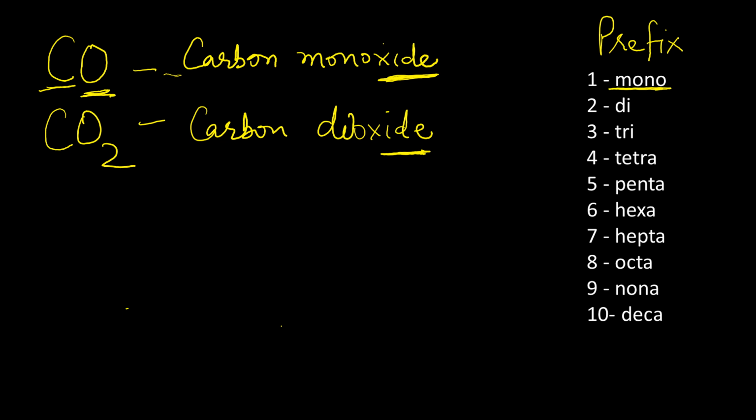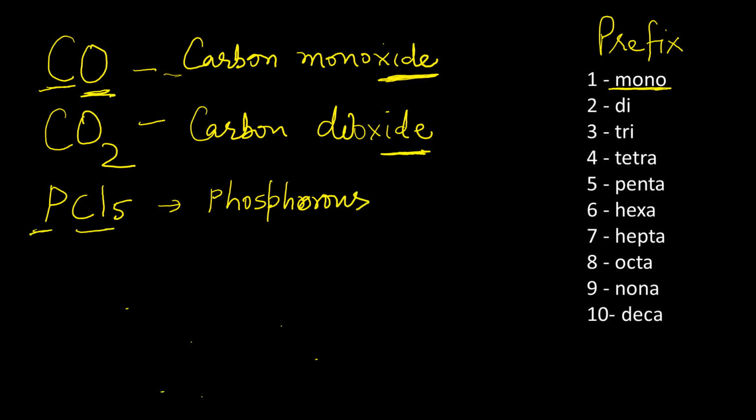If it is, for example, PCl5, I'll write it down as phosphorus. Phosphorus stays as it is because it is the first element. Second is chlorine, so phosphorus chloride. How many of them? We forgot. It's penta because there are 5 of them. So I'll write phosphorus pentachloride.